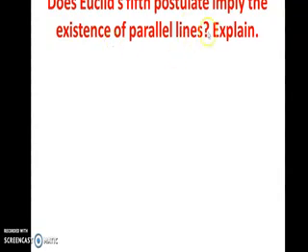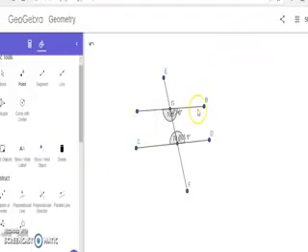Yes, Euclid's fifth postulate implies the existence of parallel lines, because in the fifth postulate it was said that if a straight line falls on two straight lines, here AB and CD are the two straight lines and EF is the line which falls on the lines AB and CD, then the sum of interior angles so formed on the same side of this transversal is less than 180 degrees, then those two lines will meet on that side.